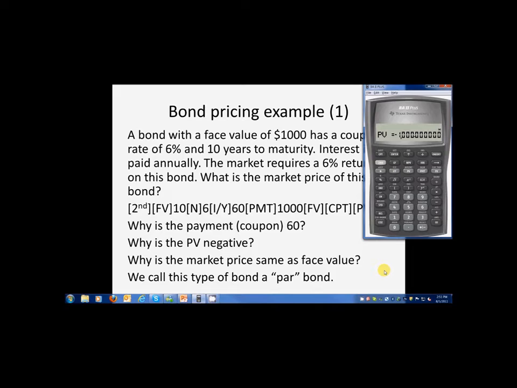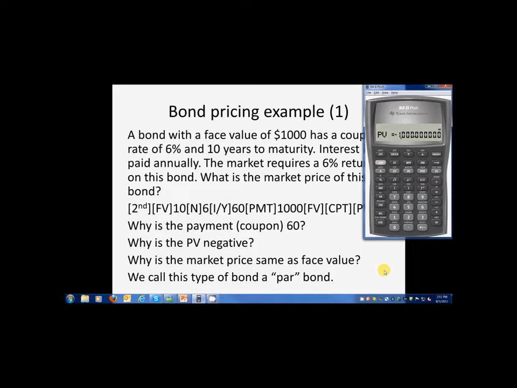Now, the next question is, why is the market price of this bond the same as the face value? It will not always be true. In fact, it usually isn't. In this case, the reason that they're the same is because the coupon rate and the required yield to maturity are exactly the same.